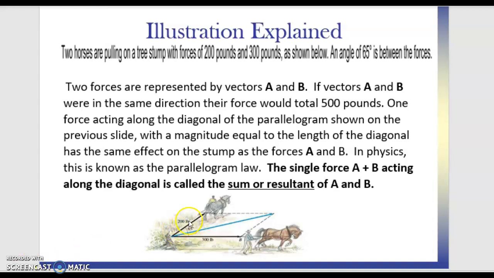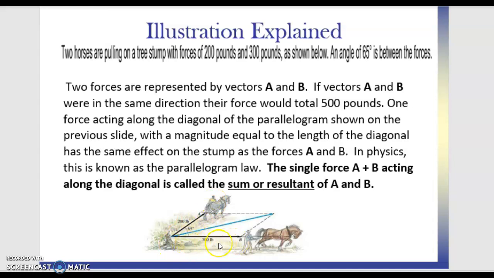Two horses are pulling on a tree stump with forces of 200 pounds and 300 pounds, and an angle of 65 degrees is between the forces. The 200-pound force is formed by the first horse pulling on the stump.